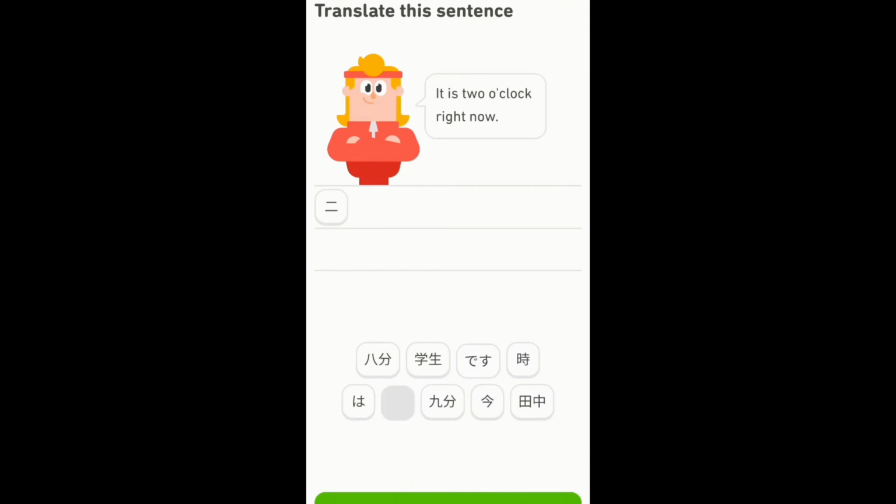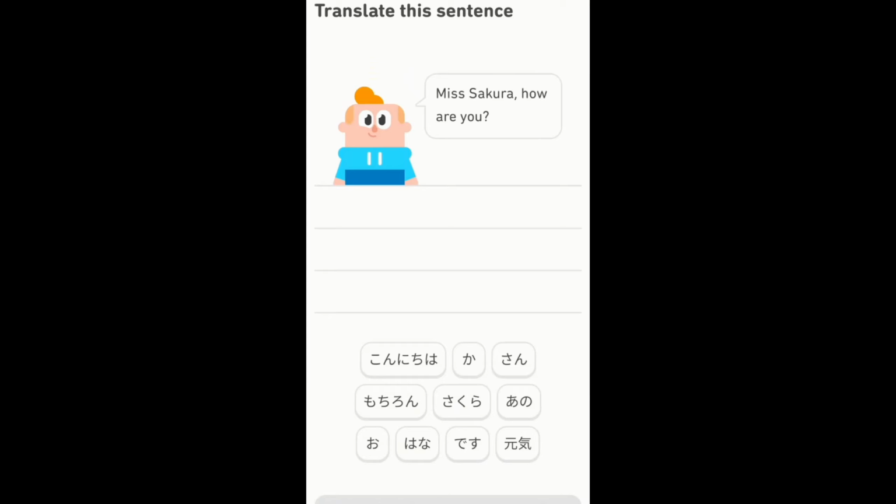So what you see on the screen, the first letter, is ni, which is number 2. So the student actually, when you know ichi ni san, how you write it in Japanese is basically 1 line, and then 2 lines, and then 3 lines.